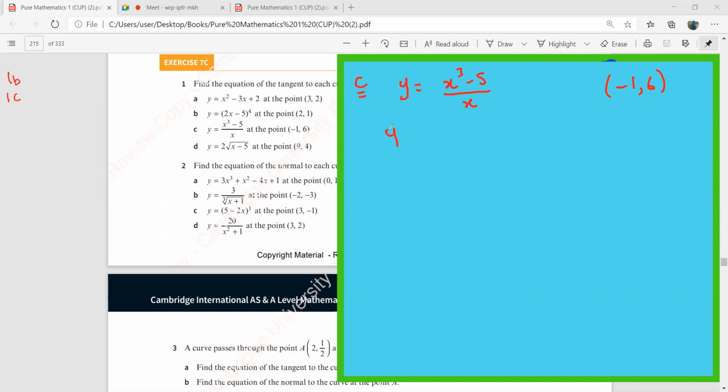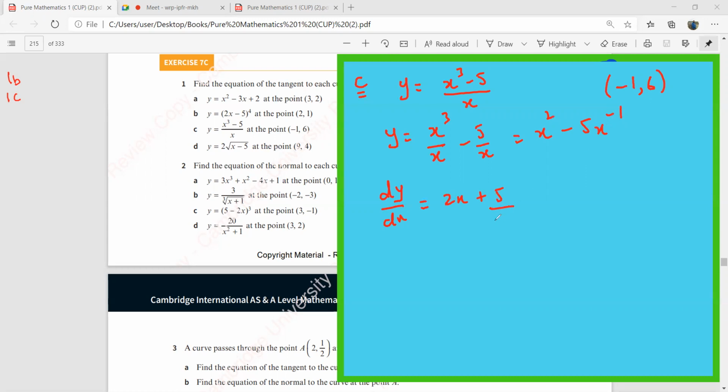For this you will be using the first technique. For that you have to split all of them like this. So this becomes x squared minus 5x to the power minus 1. Now we can differentiate it. This is going to be dy by dx equals 2x plus minus 1 into minus 5 gives you 5, and then x to the power minus 2.